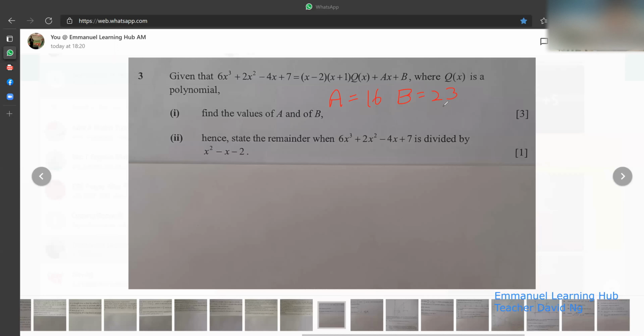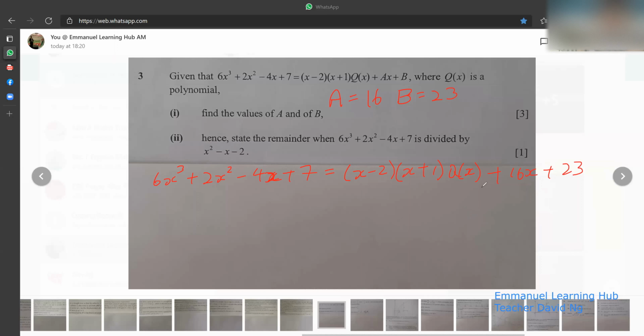Since you got your a and b, you can rewrite this as 6x cubed plus 2x squared minus 4x plus 7 is equal to (x minus 2)(x plus 1) q(x) plus 16x plus 23, your a and your b.